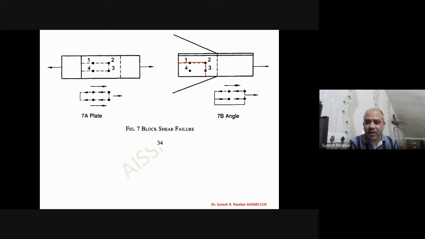This length into t will be Atg, and if I subtract holes from this length, that will be Atn. Now you have to keep in mind, this length we have to consider till the center of the end bolts.